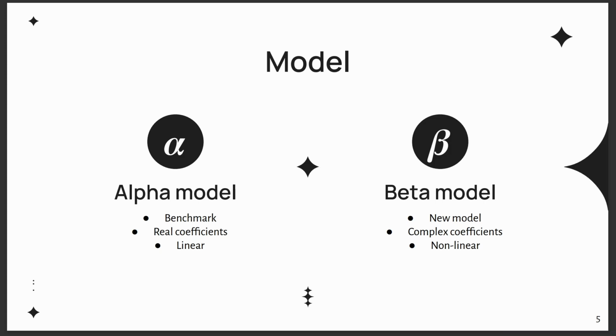The purpose of this article is to present a mathematical model that, based on the amplifier's input, is capable of estimating its output power. The model was named beta and uses real coefficients as parameters. For comparison purposes, another model presented previously will be used, which was called alpha model and utilizes complex coefficients.